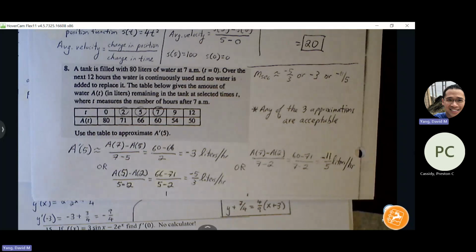Here, I got a problem for you. Maybe I'll also do this one in class. How would you go about finding the derivative of this function here?